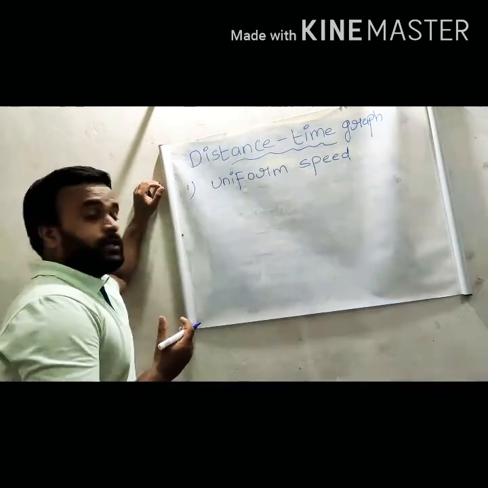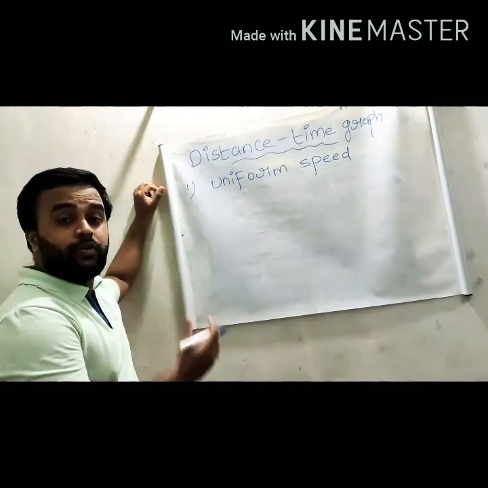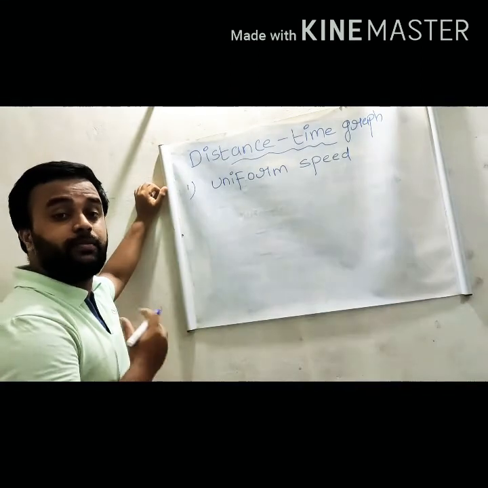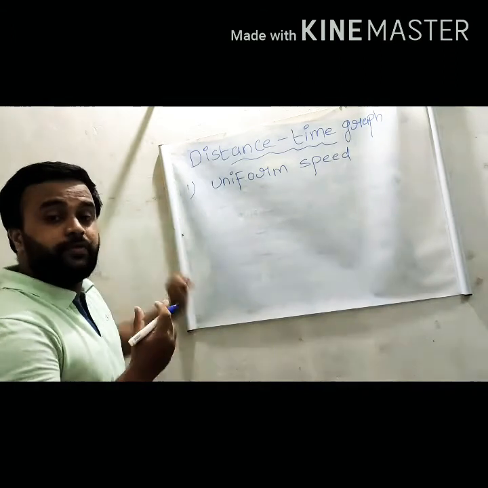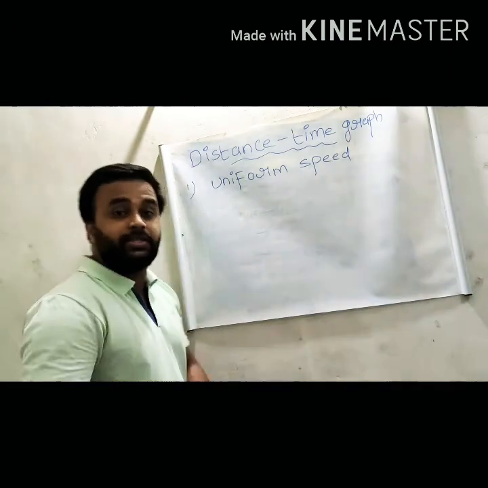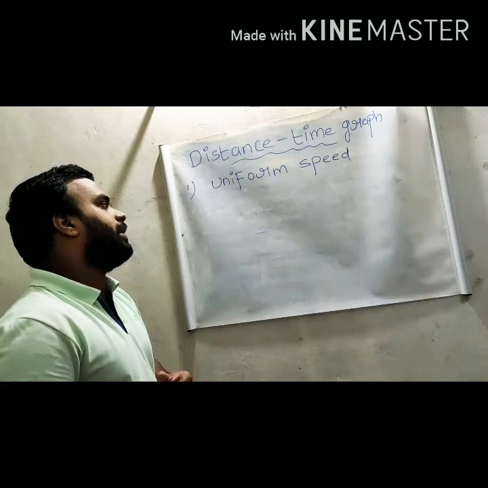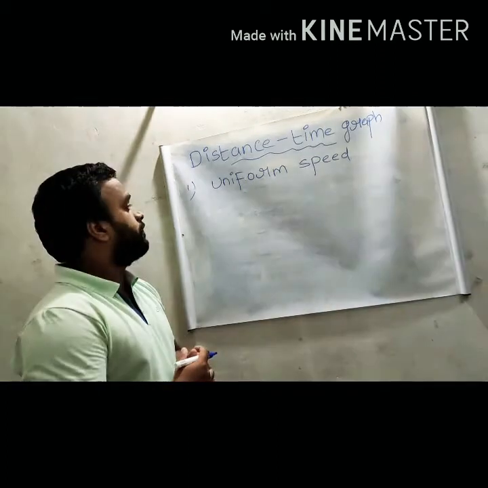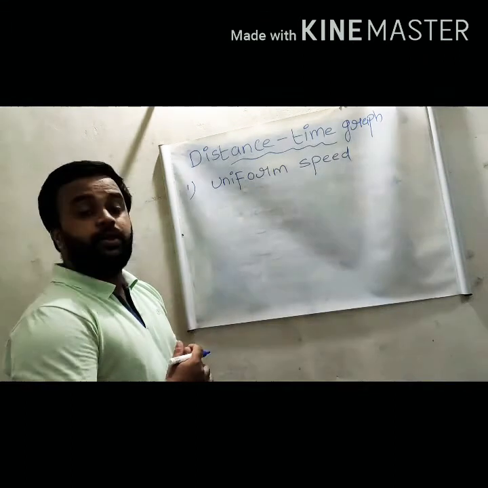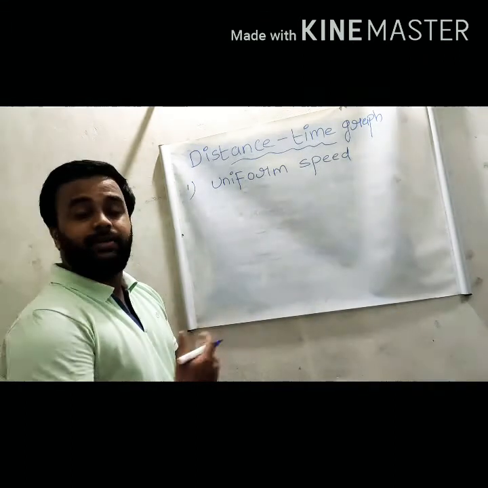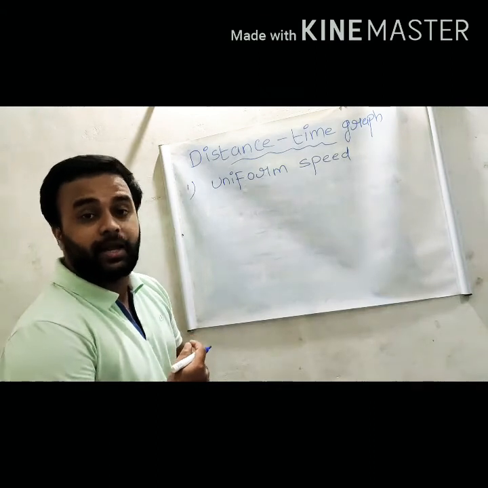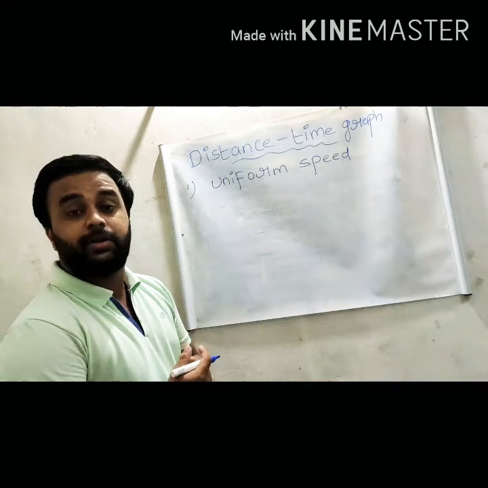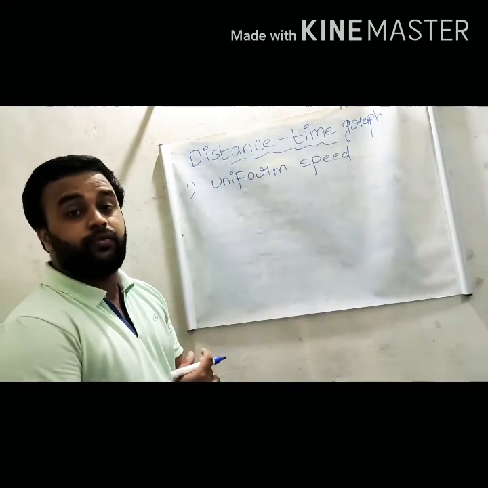Our first condition is the distance time graph of an object moving with uniform speed. We already learned the peculiarity of uniform speed: the object covers equal distances in equal intervals of time. So let's learn how the graph looks for uniform speed in terms of distance and time. We are going to draw the distance time graph for uniform speed.